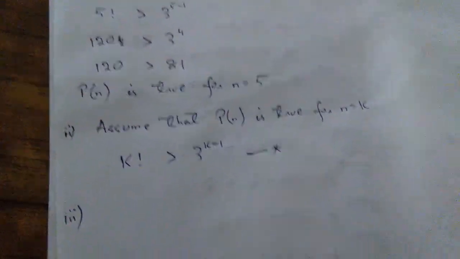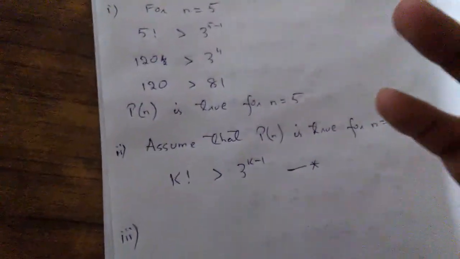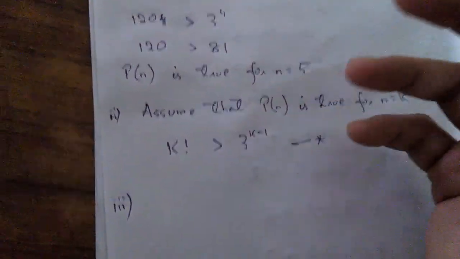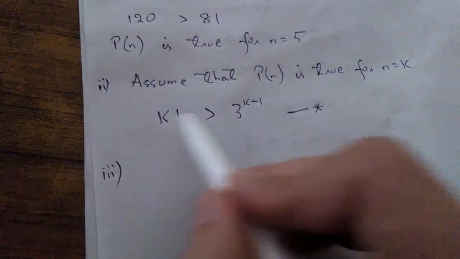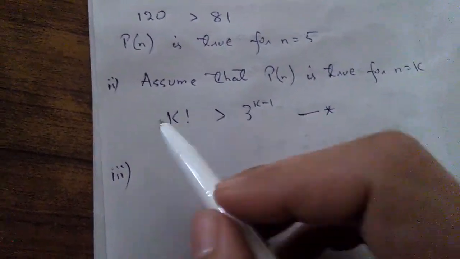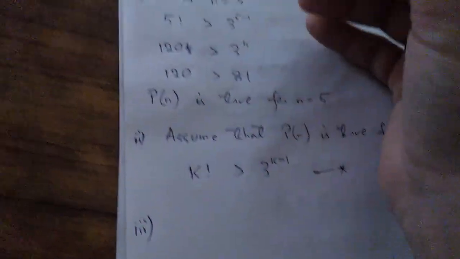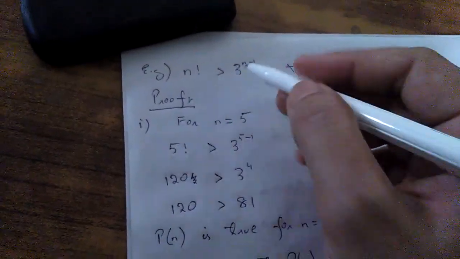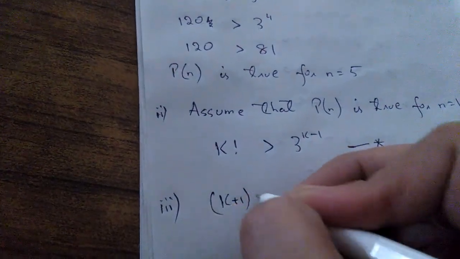So you see your objective. Perform some rough work here, to see what form you should get after applying the logic on this star equation. The rough work tells that if I substitute n equals to k plus 1 in the question form, I should get this.